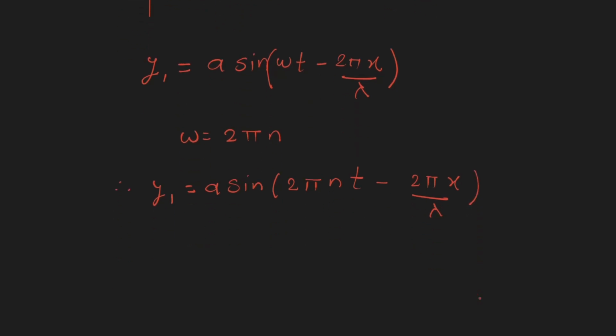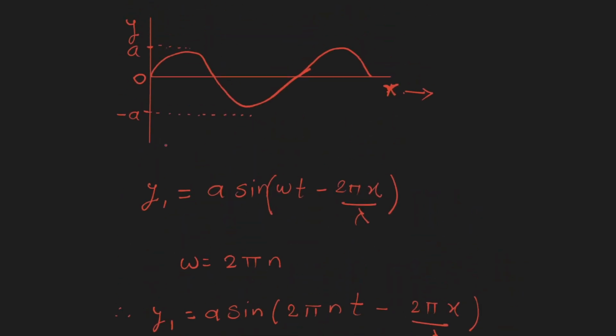Okay, therefore we can take 2 pi as common. Therefore this wave will be y1 equals A sin 2 pi in bracket nt minus x upon lambda. Therefore this is equation 1. This is the equation of a progressive wave moving in a positive x direction.